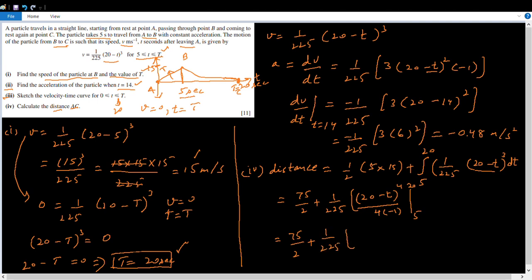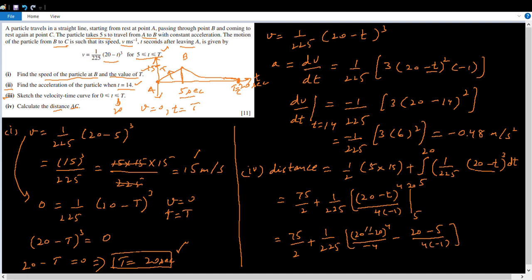When you apply the upper limit, 20 minus 20, that is (20 minus 20) to the power 4 over minus 4, minus the lower limit, upper limit minus lower limit, that's the formula, so (20 minus 5) over 4 times minus 1.